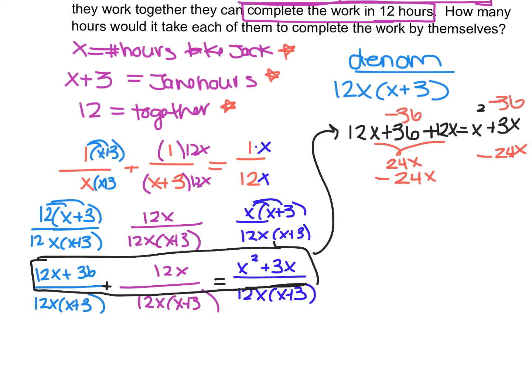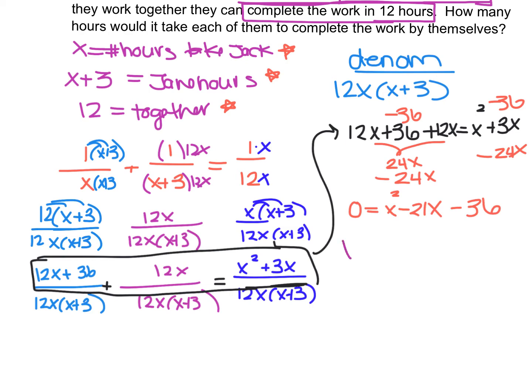from each side. So I end up with 0 equals X squared plus 3X, which then I subtract the 24X from, so that becomes a negative 21X minus 36. So now let's just use our quadratic formula here to solve this quadratic.